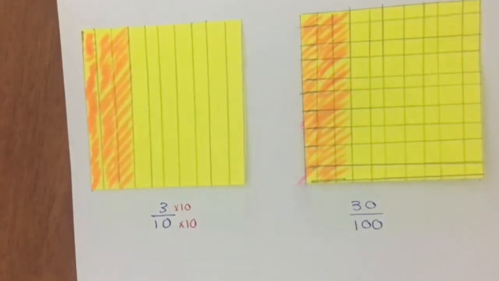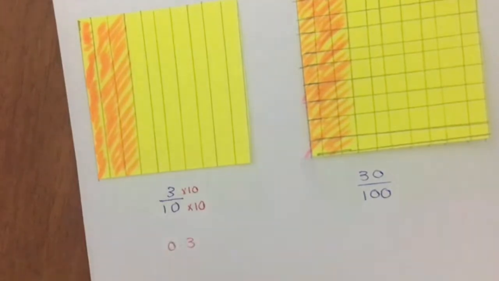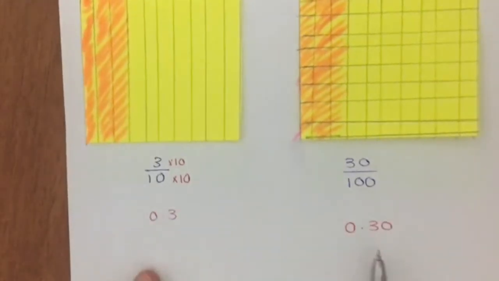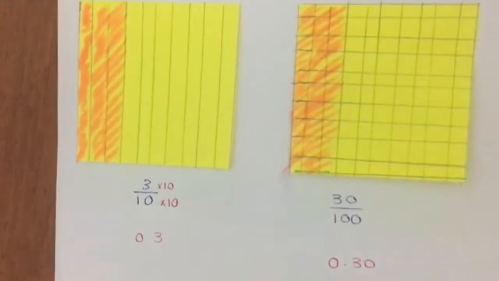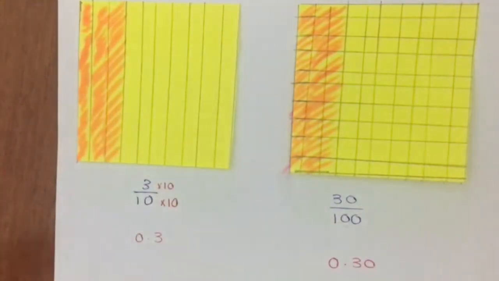Now, can I write these two fractions as decimals? Let's try. 3 out of 10 is 3 tenths. 30 out of 100 is 30 hundredths. So I also have two decimals, both of them naming the same amount. As I have equivalent fractions, I have equivalent decimals.